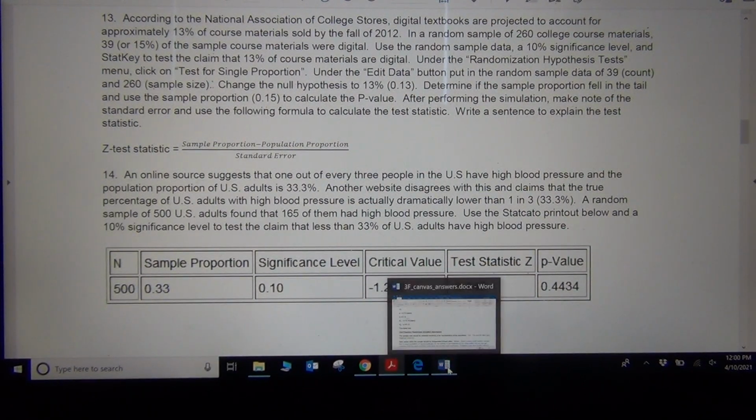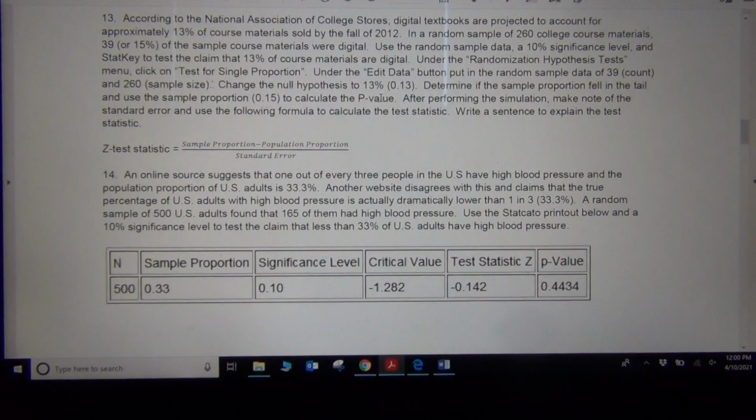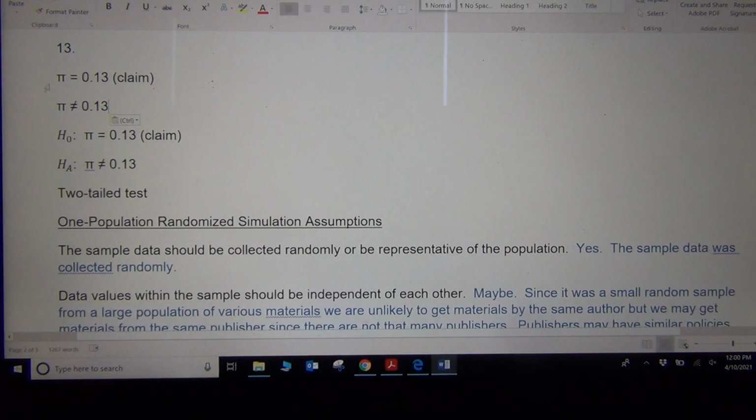So remember, when you're doing these kind of tests, the first thing you do is to figure out what your null and alternative hypotheses are, and what kind of test you are doing. Again, this looks like percentages, right? One single percentage or proportion, and we're dealing with the claim of 13%. All right, so I'm going to write that down. You could use P or pi.